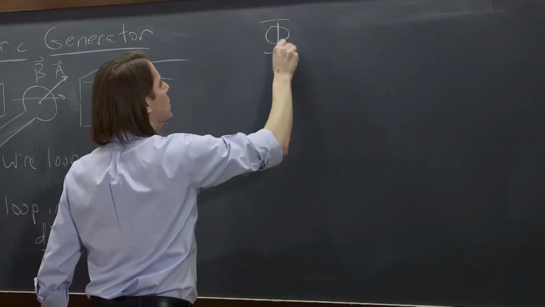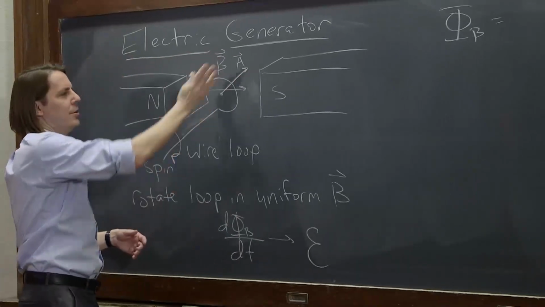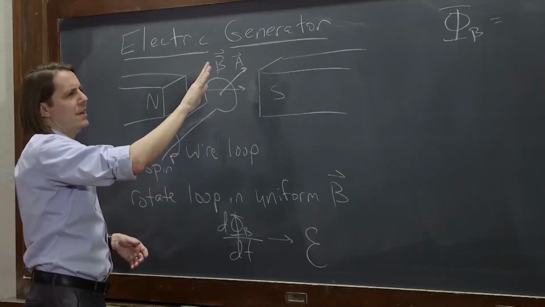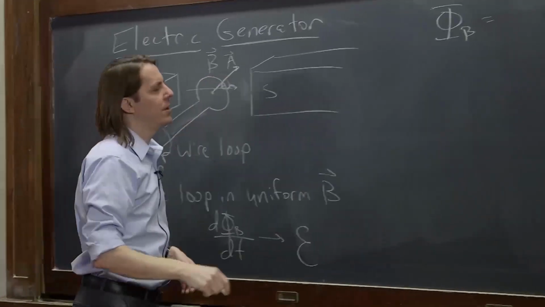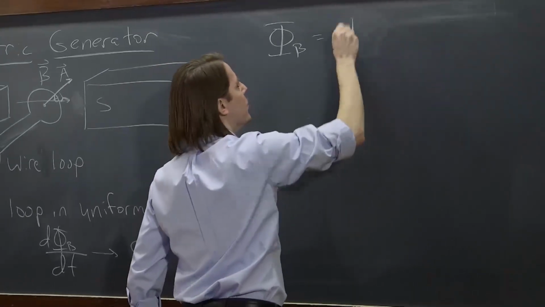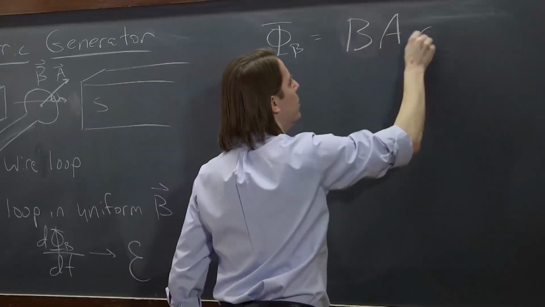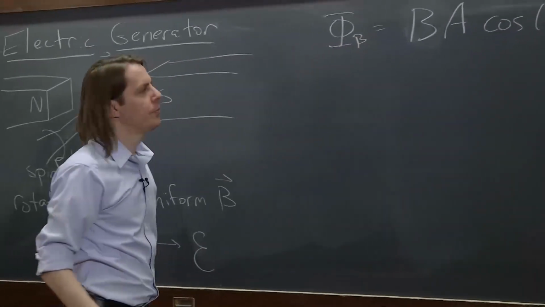So we know in this case if the B field is uniform and there's the A vector, that the magnetic flux through the loop would depend on that angle theta. We know it would basically be B, the magnetic field if it were uniform, times the area of the loop times cosine of that angle.